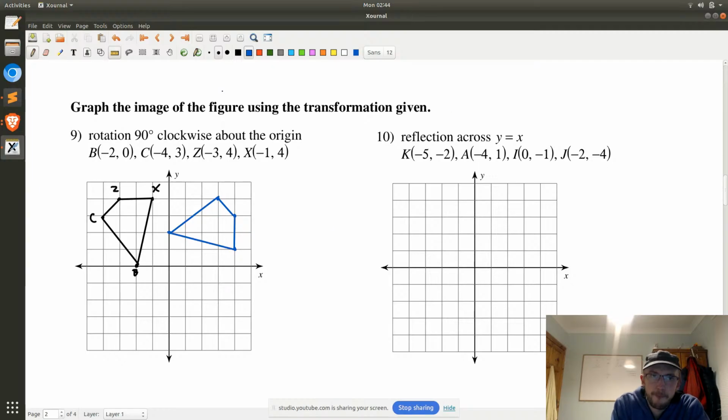Like that. Graph, draw the image. So K is -5, -2. A is -4, 1. I is 0, -1. J is -2, -1.